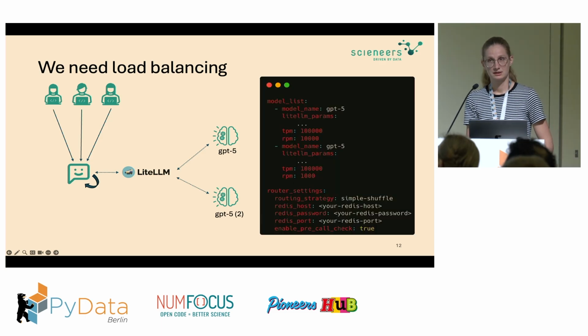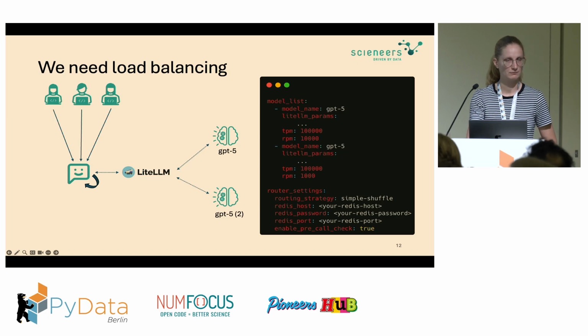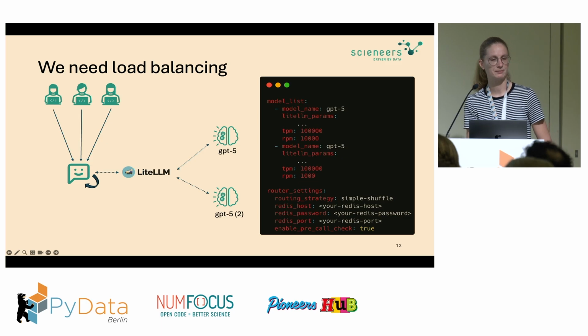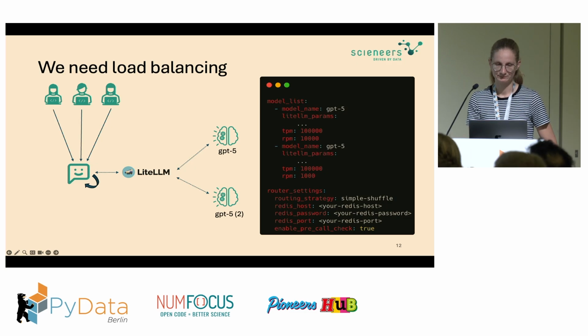So just in this configuration file I already showed earlier, we have the different models which we deploy, and we can also deploy the same model different times. And then you see here there is a TPM and RPM with numbers. TPM means tokens per minute and RPM requests per minute. So these are actually the limits these two models can take.